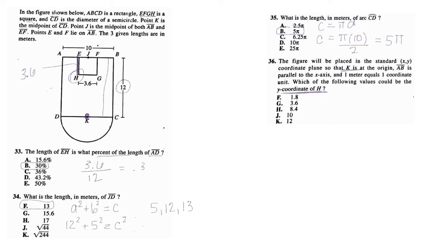But if we back it up 3.6, then that's going to give us 12 minus 3.6, which is going to give us 8.4. And so that should be the height from here to here. So I think 8.4 might be the correct answer. So 8.4, that's going to give us answer choice H. So 36 should be answer choice H.